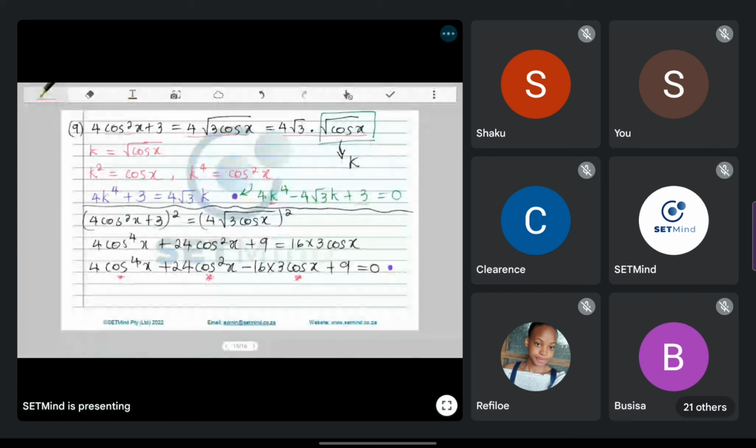Let's see, plus 4, plus 4, plus 9. Anyone who is getting the answer?